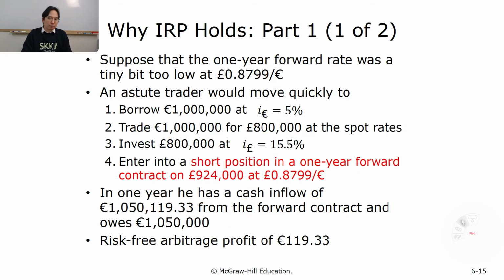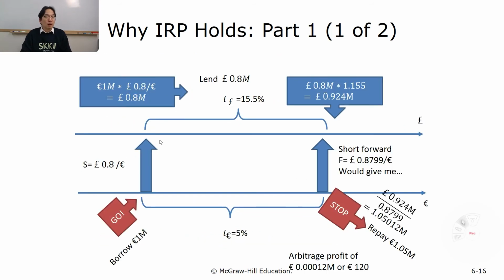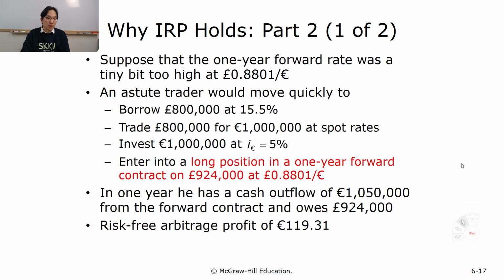So pictorially it shows this way: you go and stop at 5%, 0.8, but here 0.8799, and you will end up with more money by going this way, right? Short forward position.